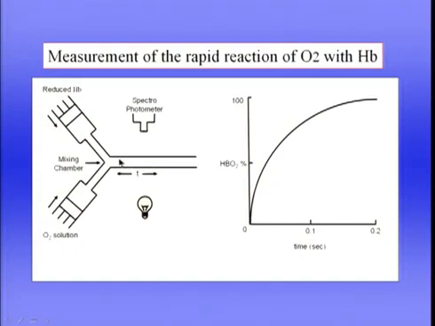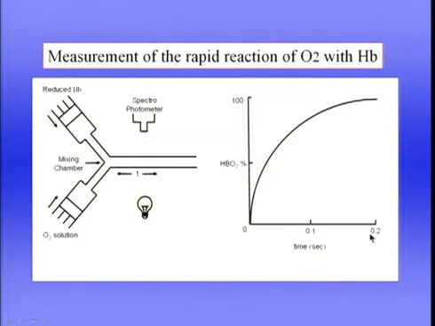After a certain time has passed, we've got a certain concentration of oxygenated hemoglobin. And so here's a plot of the oxygenation of the hemoglobin. It starts off at 0 here, completely reduced, and it's going to end up at 100% here, and this is the plot of oxygenation of the hemoglobin against time.